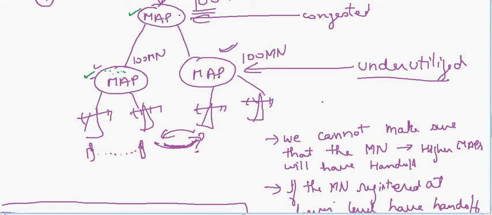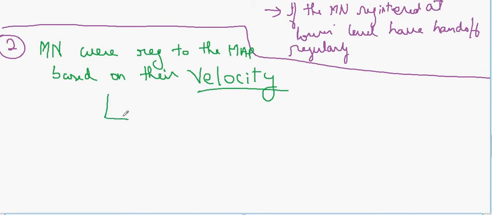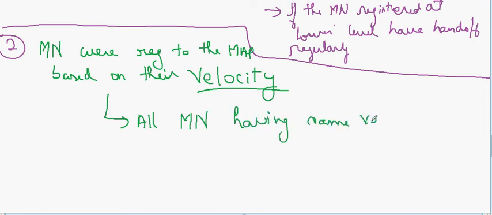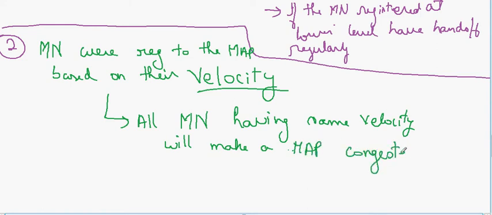So the problem was all mobile nodes having the same velocity, or velocity in the same range, will make a MAP congested.